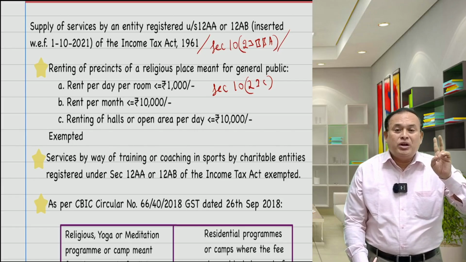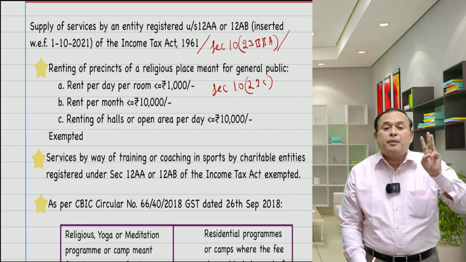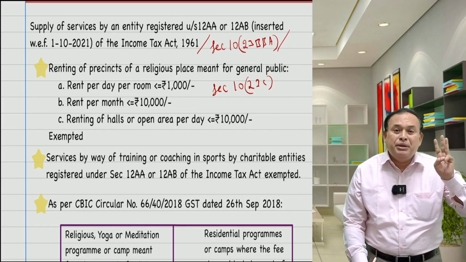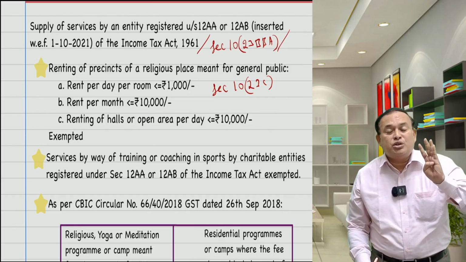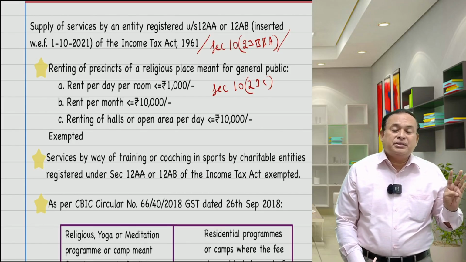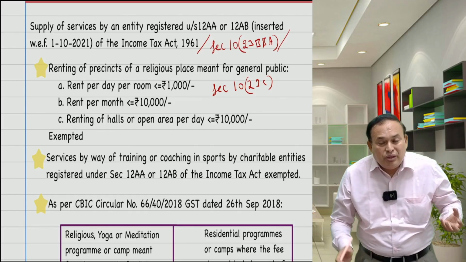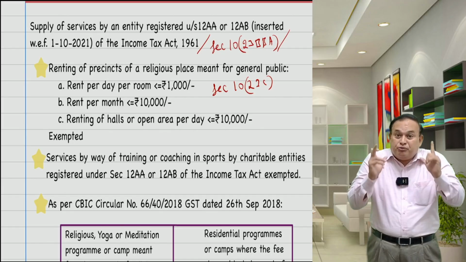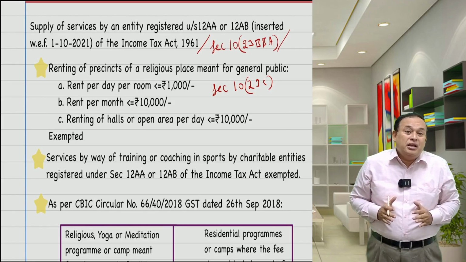If not, 12AB of Income Tax Registration. If not, section 10 subsection 23BB of the Income Tax Act or section 10 subsection 23C class 5 of the Income Tax Act.